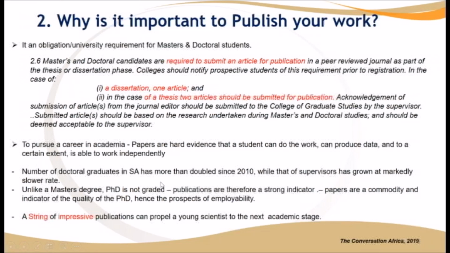And then a string of impressive publications can propel a young scientist to the next academic stage, as I was mentioning before. So when I say string and I say impressive, I highlighted the 2 words in red to show that string means quantity, impressive relates to quality.